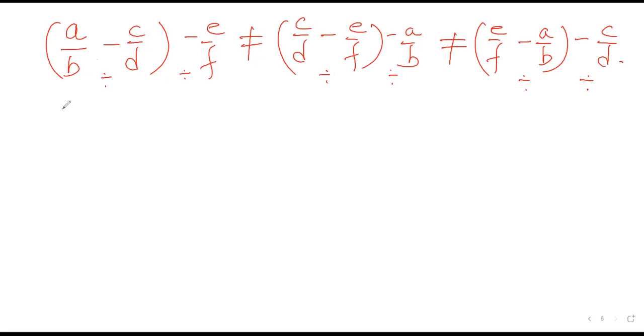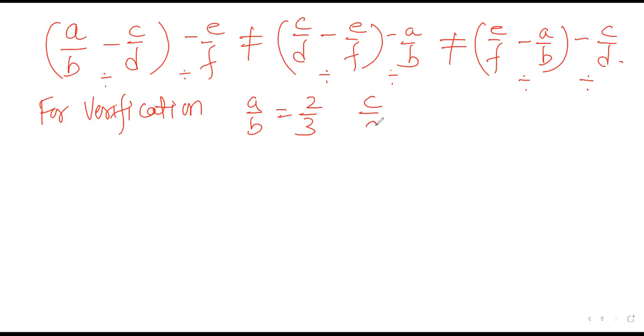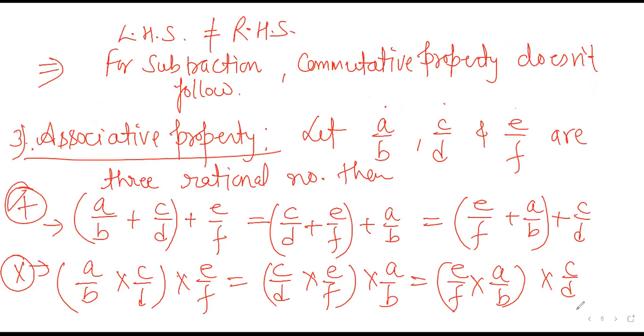Now verification. For verification, you can take A upon B as 2 upon 3, C upon D as 1 by 2, and E upon F let us take 1 by 3. I'm not taking bigger numbers, I'm taking simple examples. For addition and multiplication, I will solve one of them.